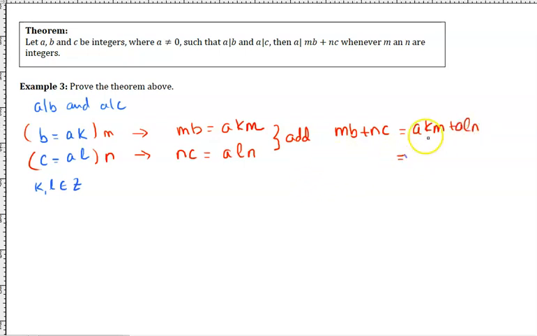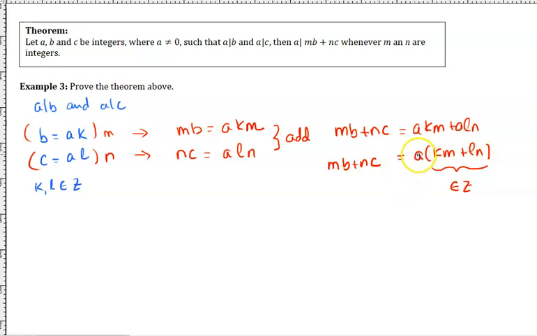Right? And we're going to factor out an A, KM plus LN. So MB plus NC is A times this. All right, all we need to know about this is that it's an integer. Okay, so because K and L and M and N are all given as integers, we multiply them, we add them together, the result is going to be an integer.